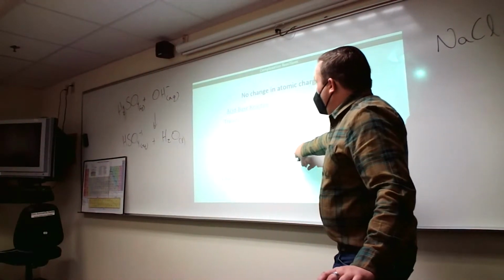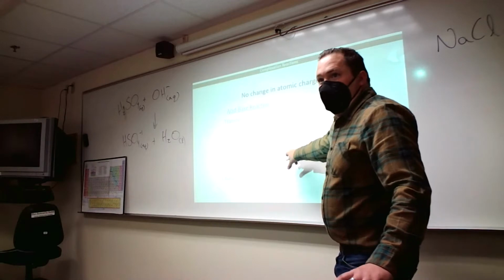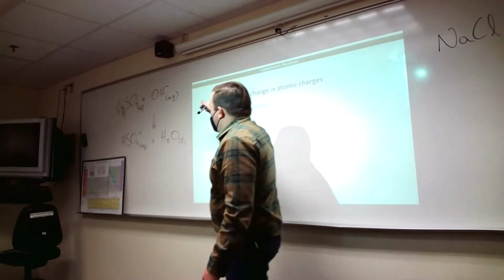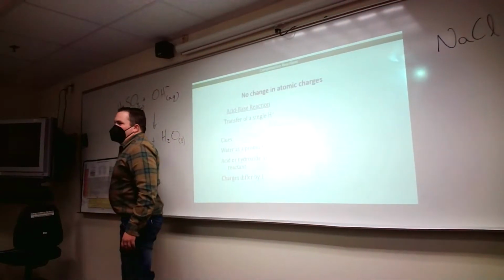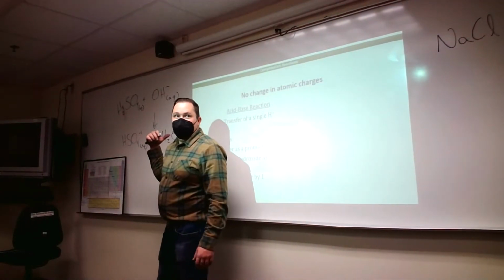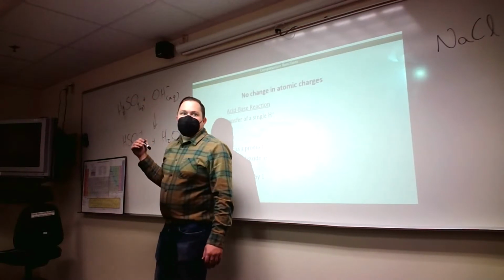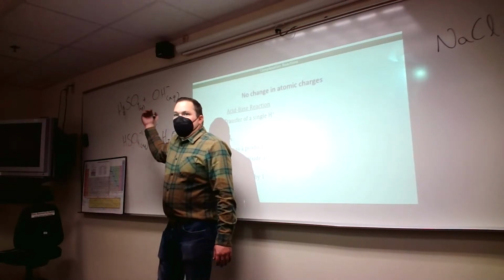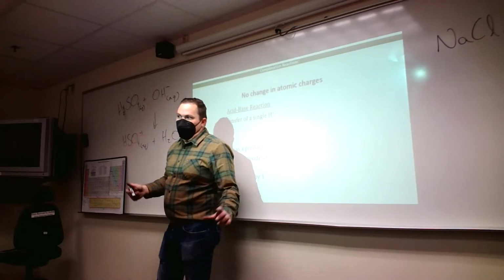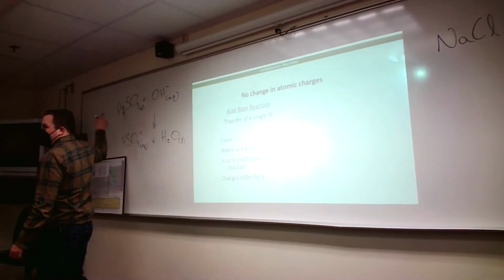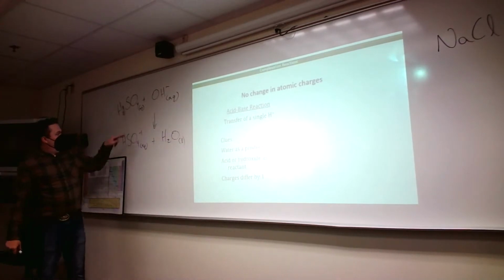So when we have an acid-base reaction, it's pretty easy to recognize once you know what the clues are. We're looking for moving one hydrogen ion. And so you should still be able to clearly recognize the same pieces before and after. And the charges might be off by 1. Sulfuric acid is just sulfate with 2 H pluses.